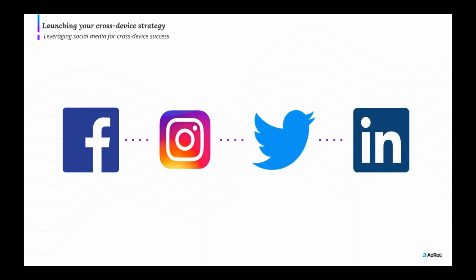Recently, it was reported that the number 8 reason people use social media overall is to research brands. So they're looking up your brand's pages online, and they're also expecting to see those ads online, right? 50% of Gen Zers, again, that's basically 20-year-olds and below, think social media is the most relevant platform for ads.